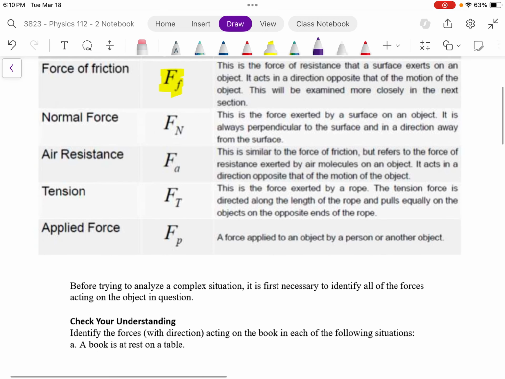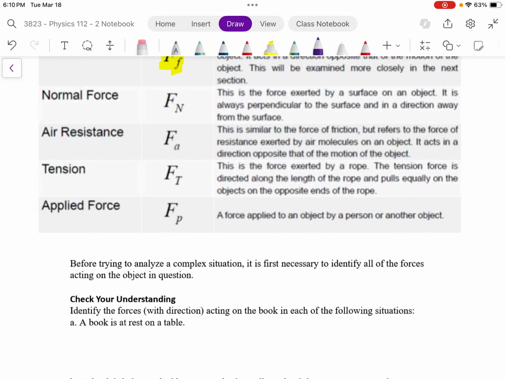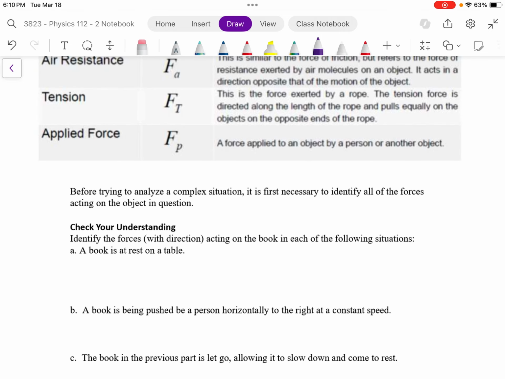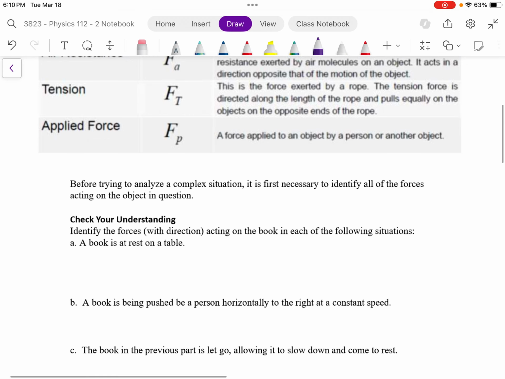Before trying to analyze complex situations, it is first necessary to identify all the forces acting on an object. And free body diagrams are going to help us to do that. So in this first question, we're just going to identify the different forces that we think are acting on an object. If we have a book, I'd like you to pause the video, or maybe I'll do the first one with you.